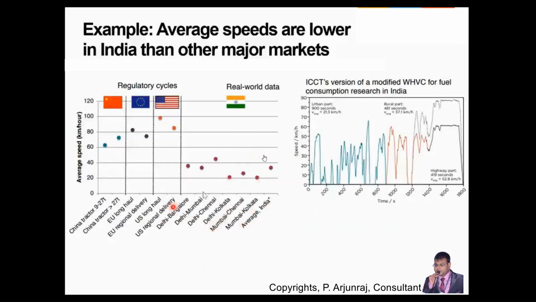So this is the average speed that they have for India for this particular segment of category. And this is what we have seen for WHVC. Basically we try to understand what is the fuel consumption that we are going to get out of this trial, and basically we optimize based on that.